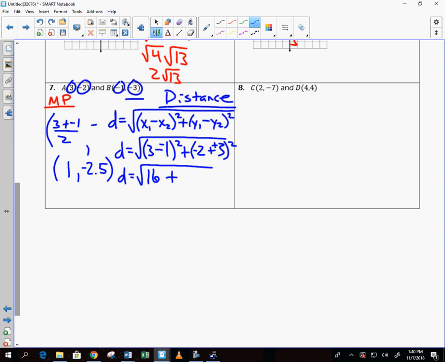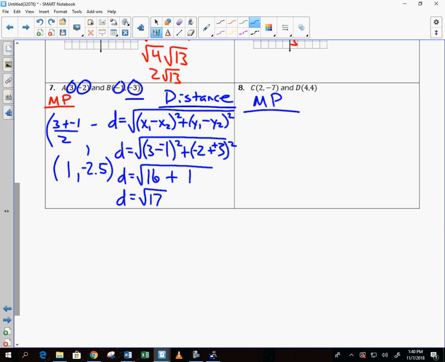Add the opposite. -2 plus 3, 1 squared. 1. What's 16 plus 1? So the distance is the square root of 17. So you're going to have to be able to find the midpoint and the distance, and then use the Pythagorean theorem. We do one more together.